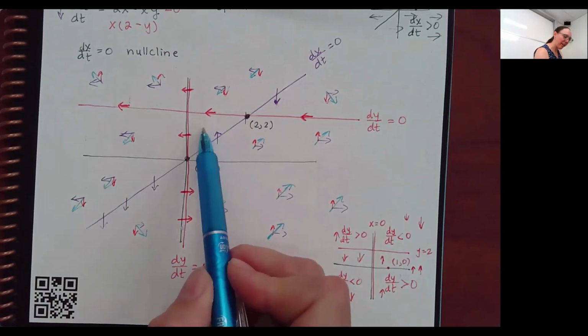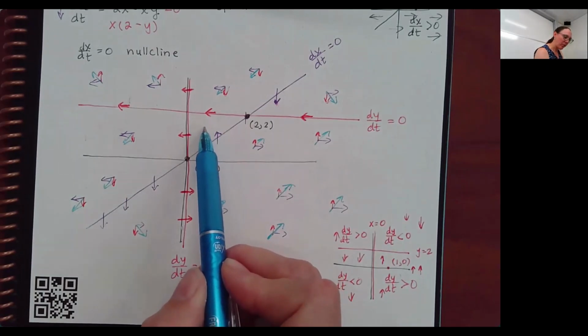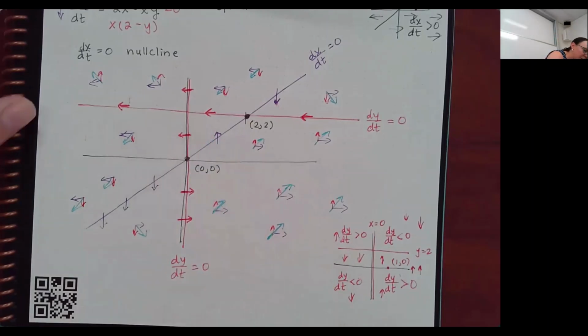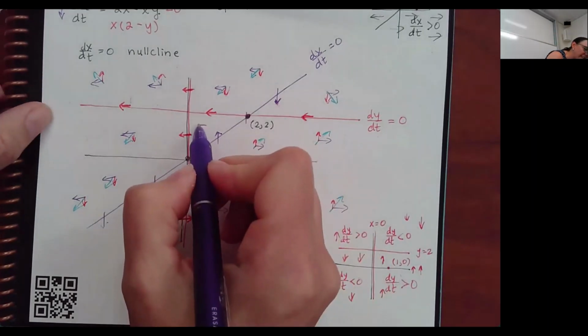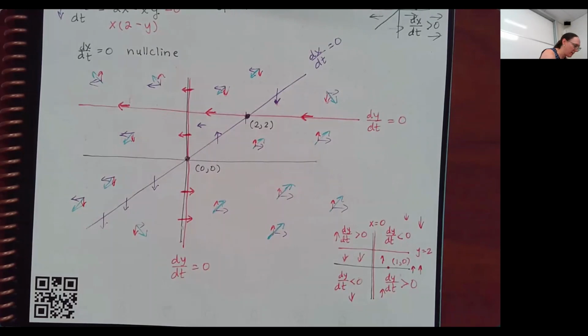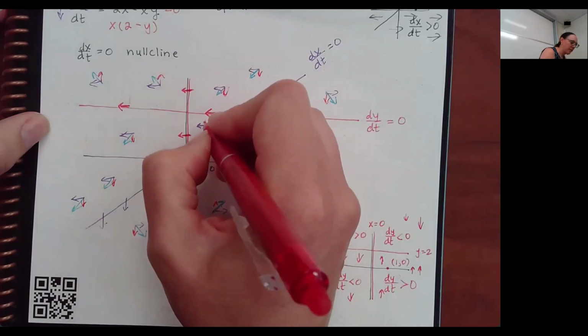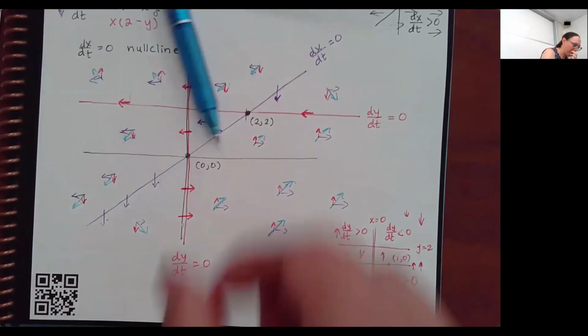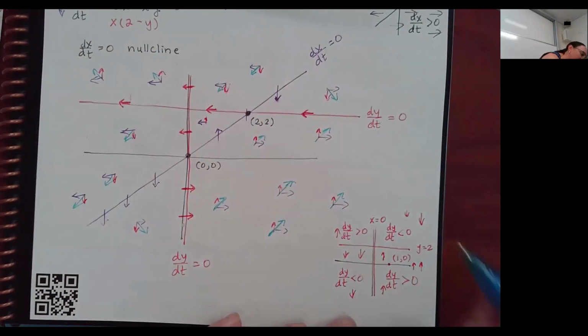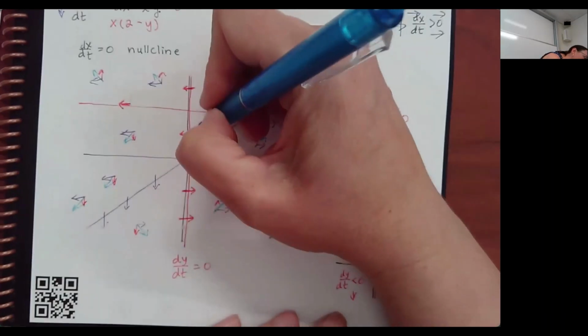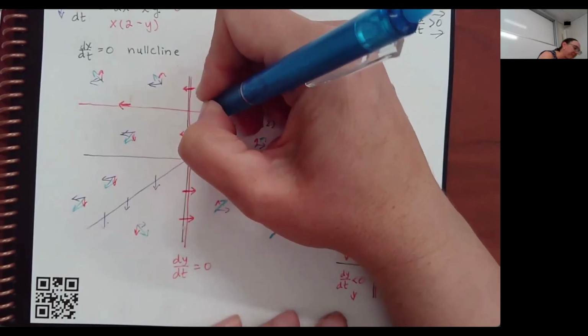And the only place that I didn't do a good job of picking an arrow in here, but I know that in here, my dx dt is pushing me to the left, and my dy dt is pushing me up, which should mean that I was going up and to the left over here.